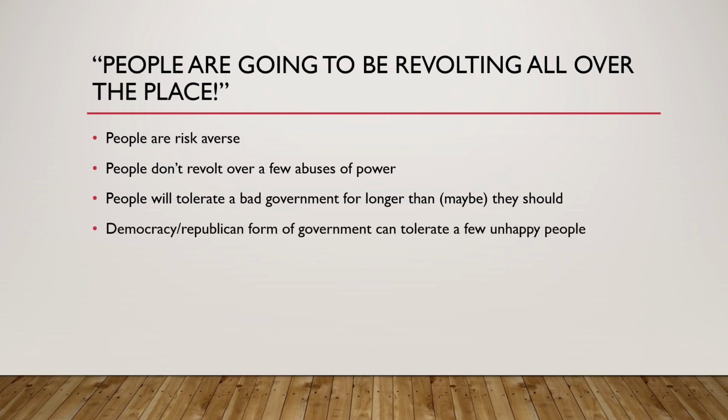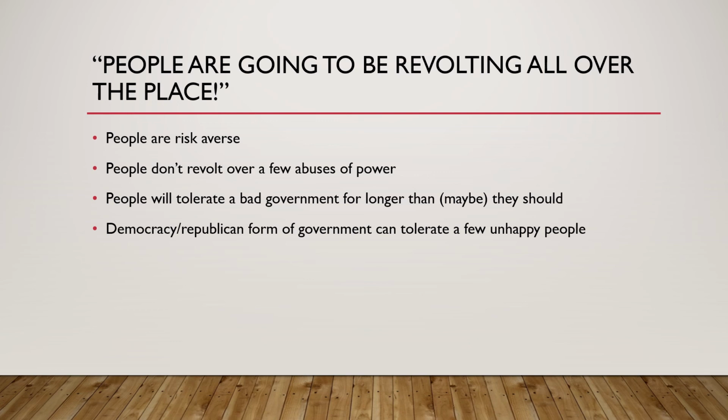The other thing that Locke argues is if you set up a Republican form of government, a government that's based on democratic principles, that the people have a right to choose their government, right? That's the Republican principle of having elected officials. This form of government can tolerate a few unhappy people.